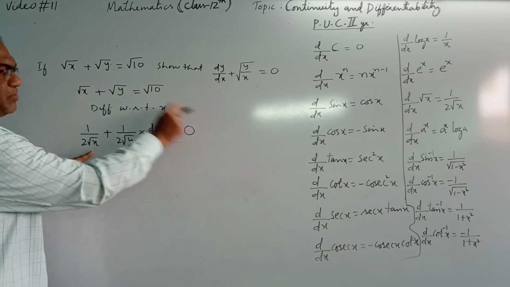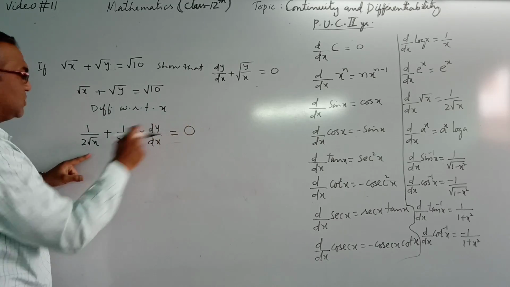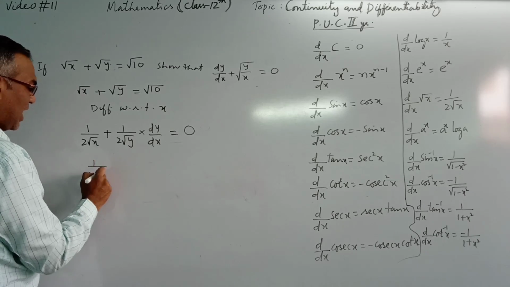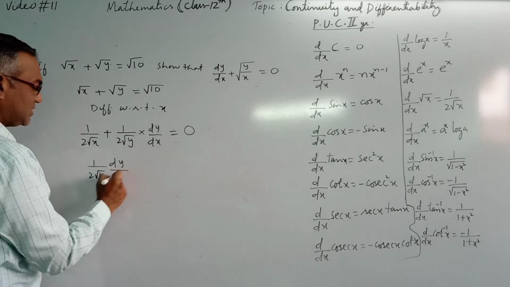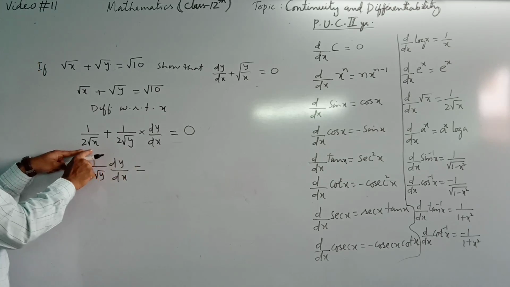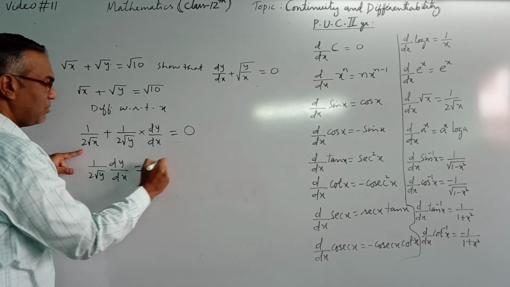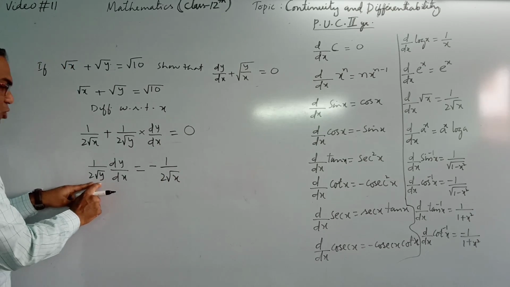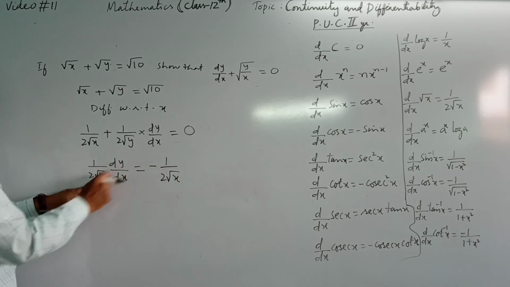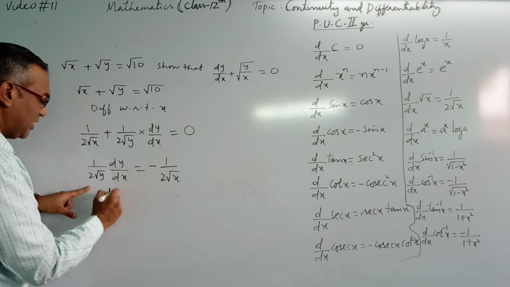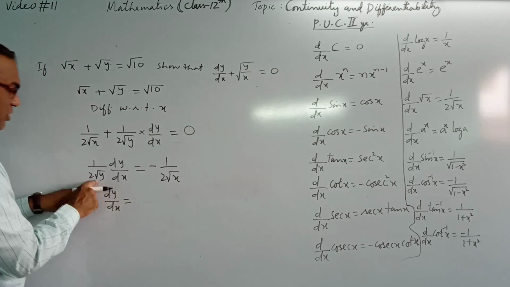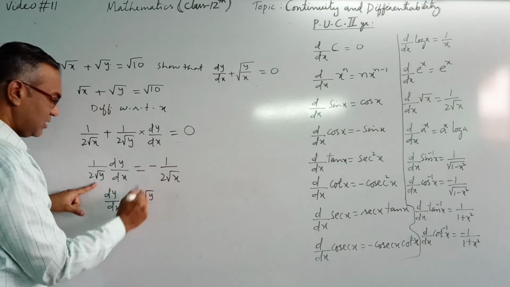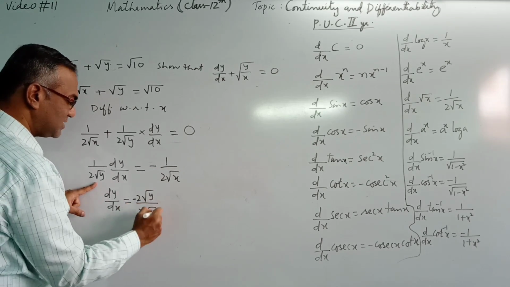Take this one here, so it will become 1 by 2 root y into dy by dx is equal to minus 1 by 2 root x. Take this 2 root y there, it's in division, so it will go to the numerator. So dy by dx is equal to, this minus is there, 2 root y divided by 2 root x.